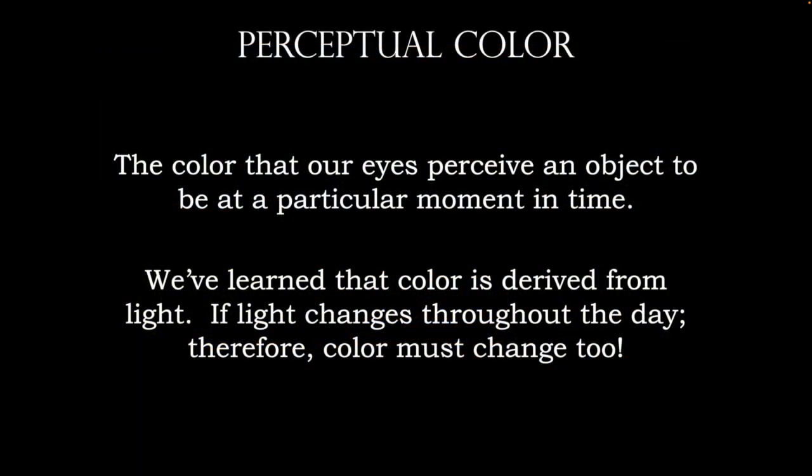Now, perceptual color is the color our eyes perceive an object to be at a particular moment in time. And I know that sounds really weird and strange. But the idea is that color is derived from light. And people argue that, well, if light changes throughout the day, color must therefore change too. And they're correct.